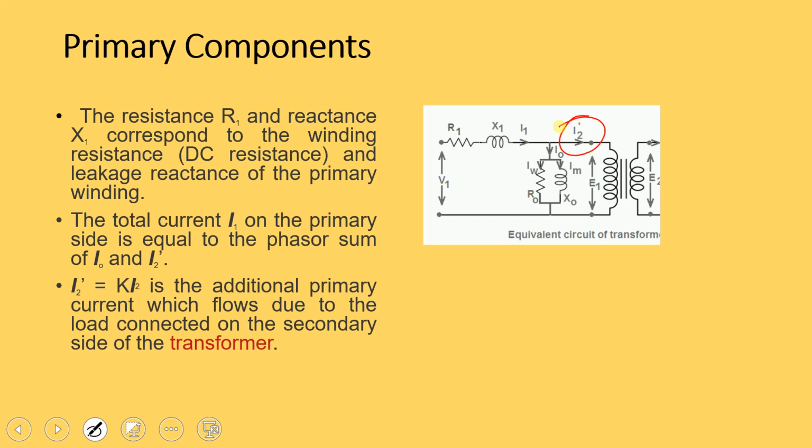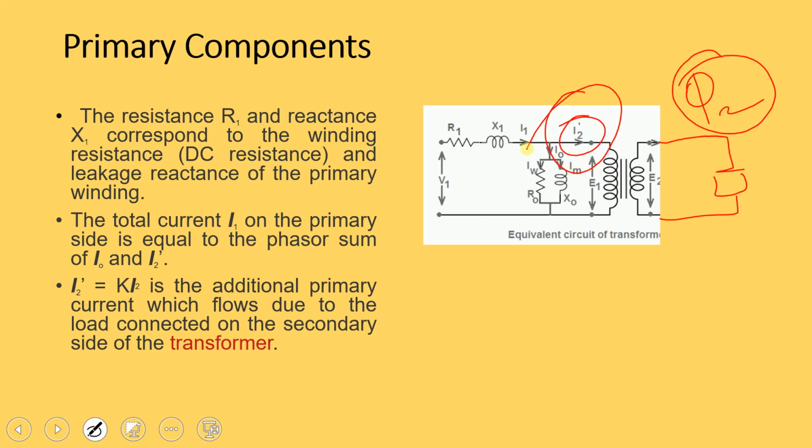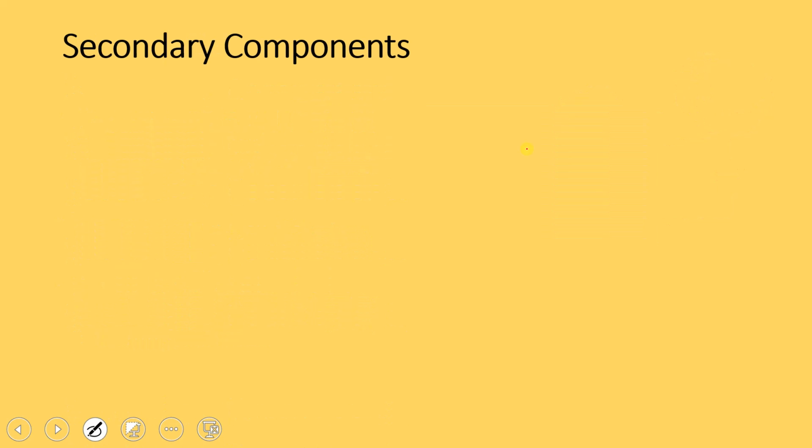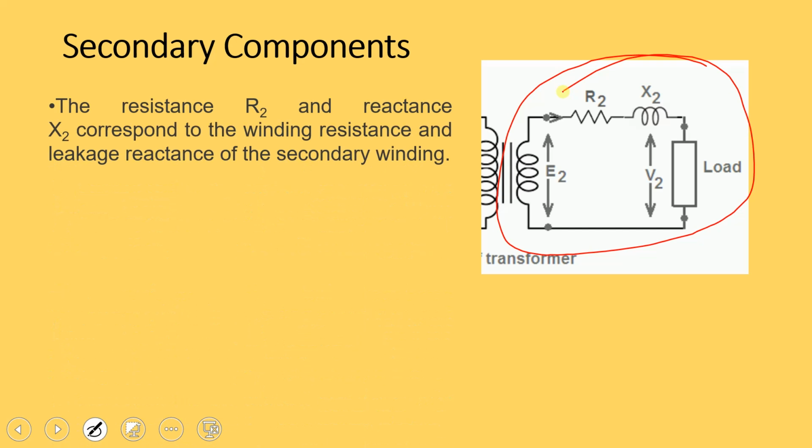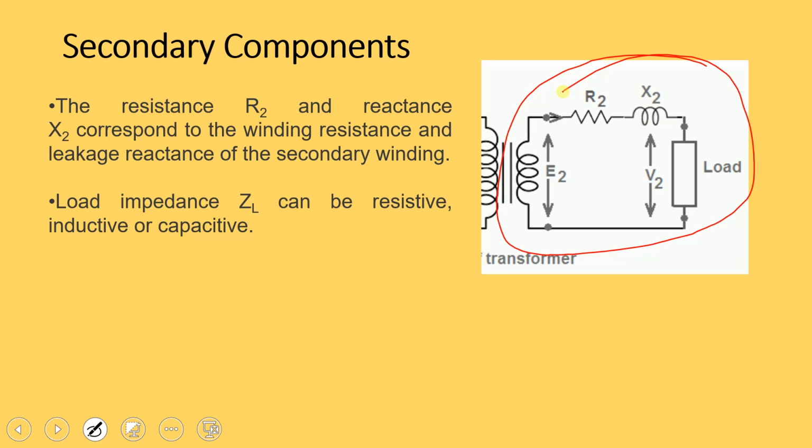When we are connecting load to the secondary side, as I have told in the previous theory, the flux phi 2 is produced, and to neutralize this phi 2, this current is flowing in the circuit. Now these are the secondary components of the transformer, in which we are having R2 and X2, and if we consider this combined, that becomes ZL.